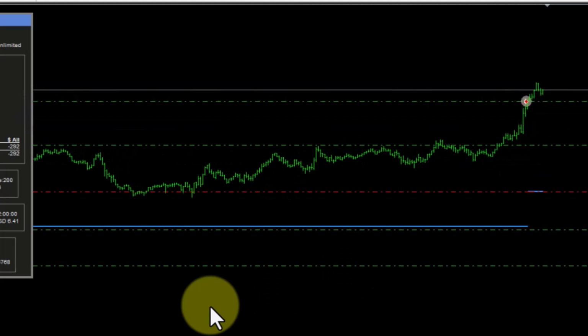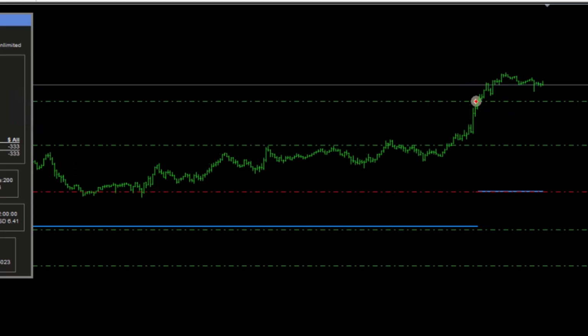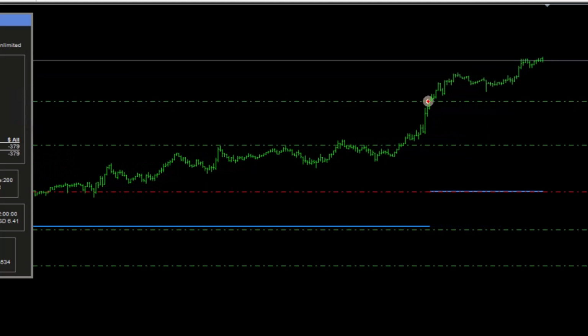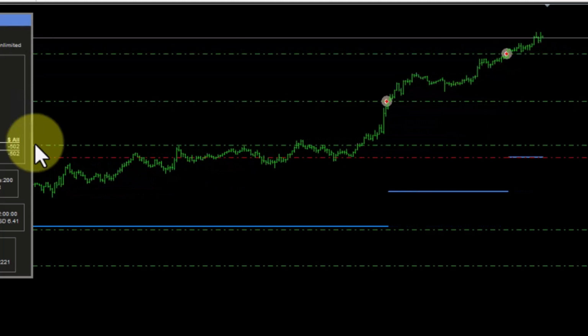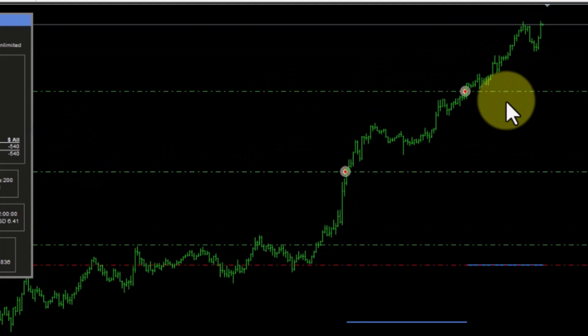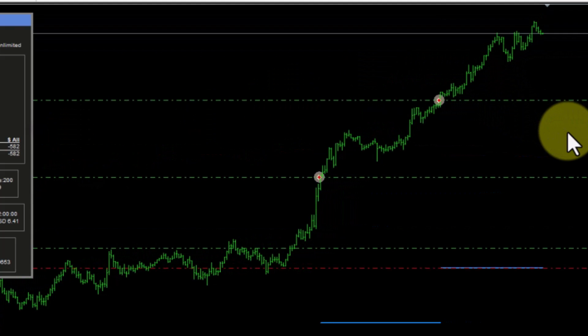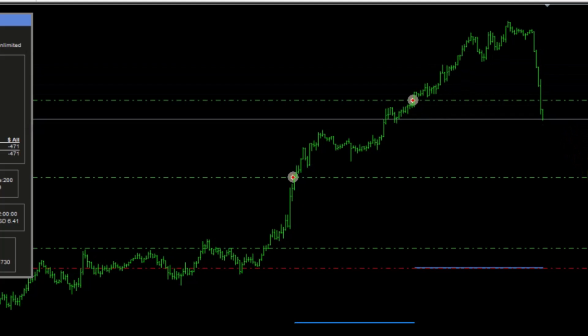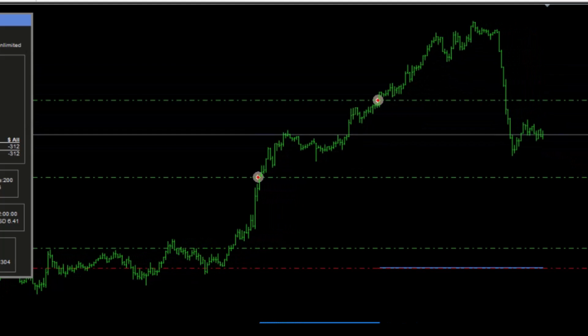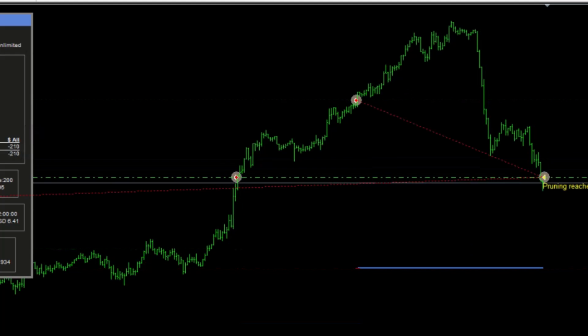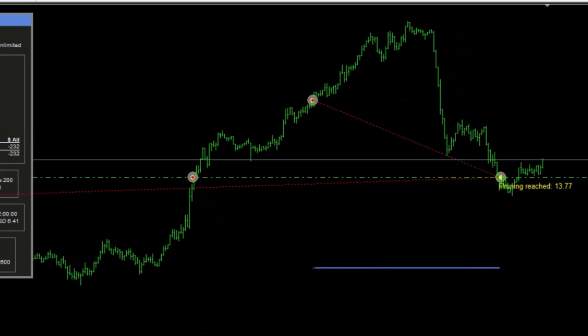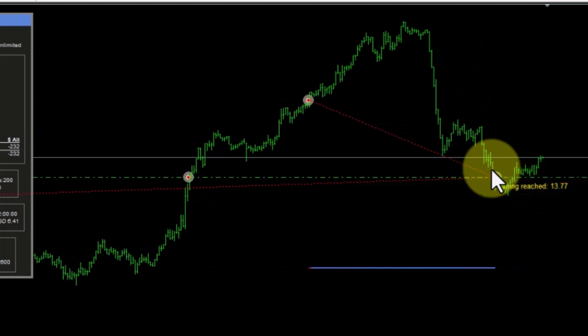Okay, it's gone up now and opened a 4th trade. So now pruning is active, and a 5th trade, again pruning is active. And let's see what happens in the markets after this. Okay, so let's stop it here. Now, pruning has happened.